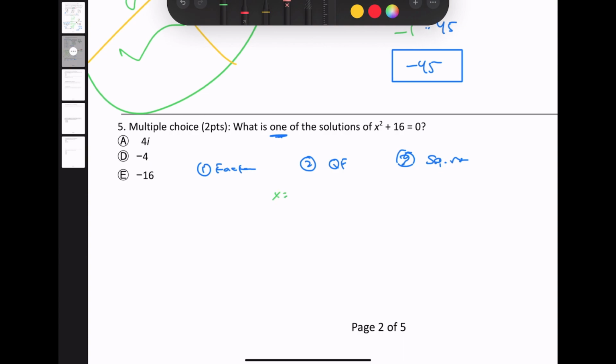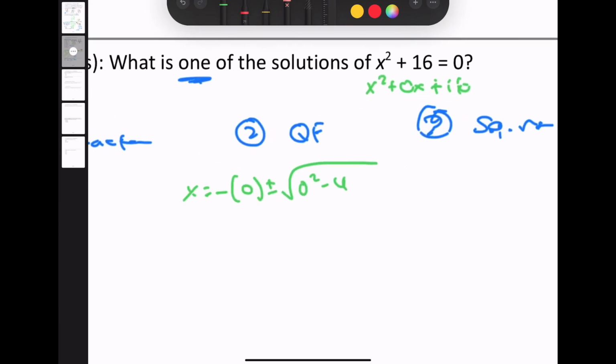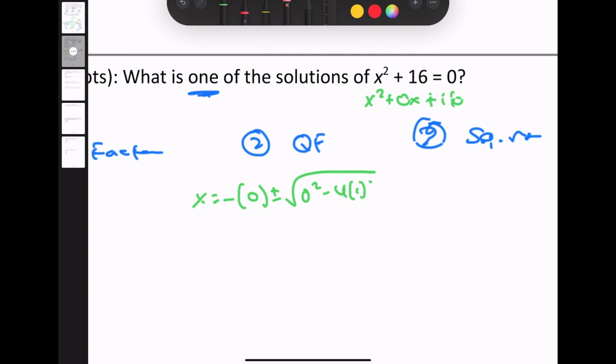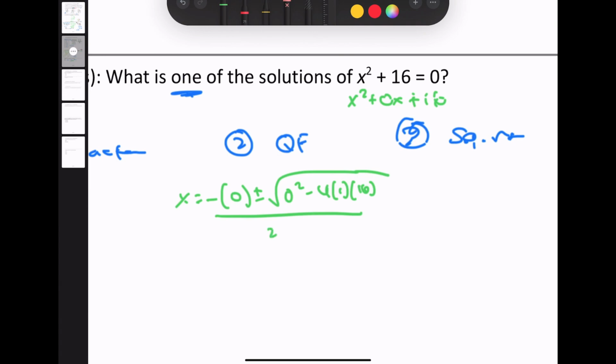So x equals negative b, so x squared plus 0x plus 16. So your b value is 0. Plus or minus the square root of 0 squared minus 4 times a times your c value, which is 16, all over 2 times 1. So opposite of 0 is 0. I'm not going to add or subtract 0, so that kind of goes away here in yellow.